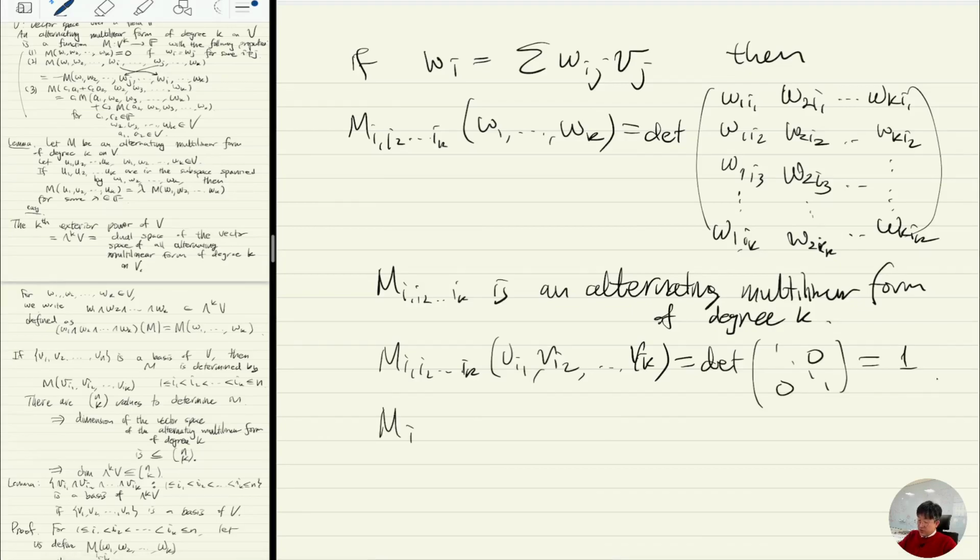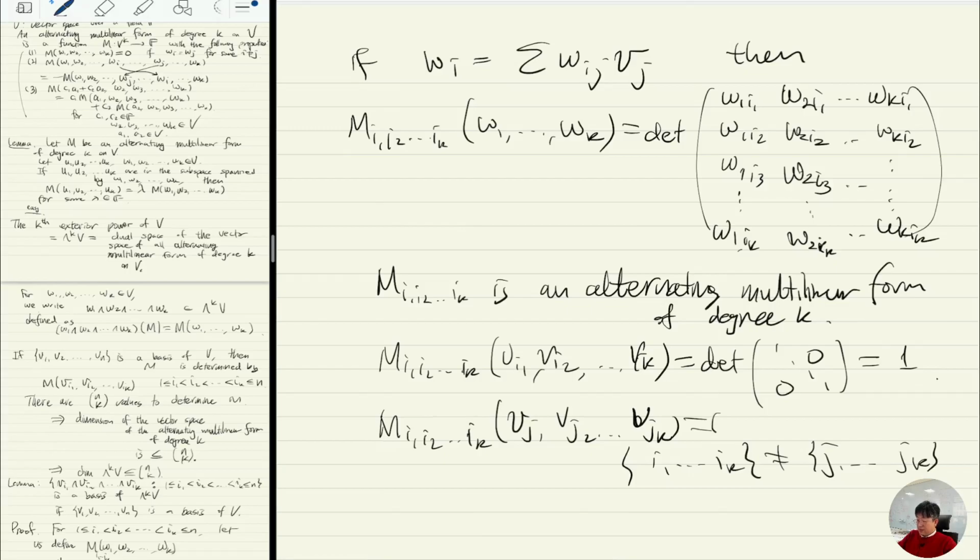And if I have different indices, so i1 up to ik is different from j1 up to jk, then M_{i1,...,ik} evaluated at Vj1, Vj2, ..., Vjk is going to be 0, because one of the rows will be 0, right? So the determinant will be 0.